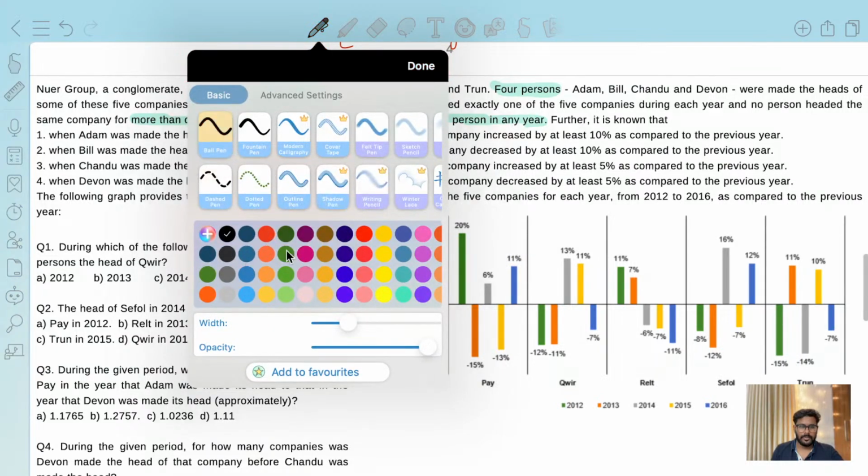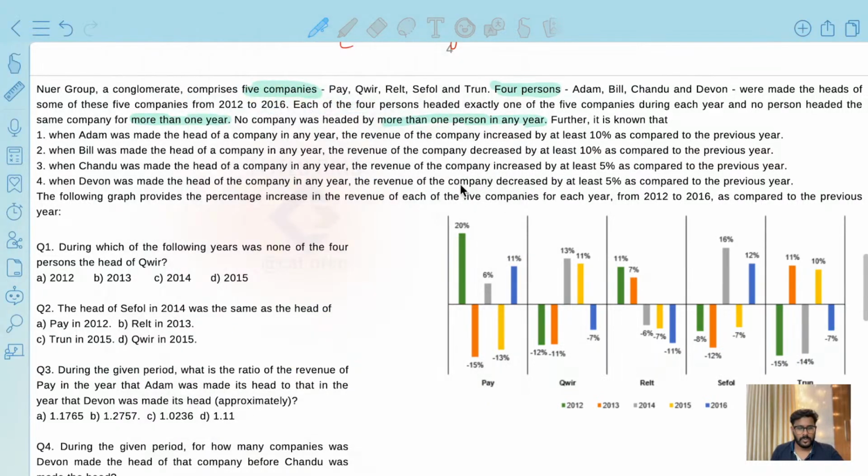Let me go with blue. 5 companies with 4 persons. They are the heads of these 5 companies from 12 to 16. That is 4 years.